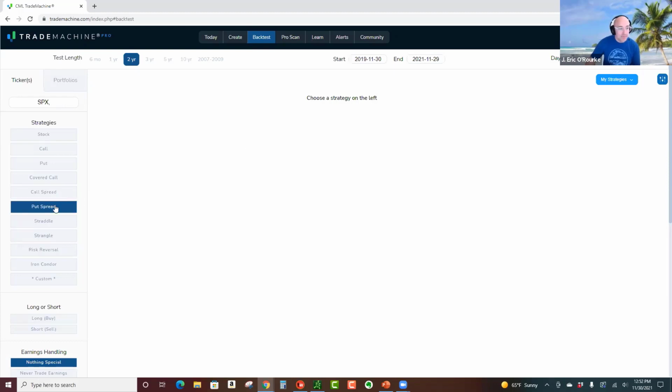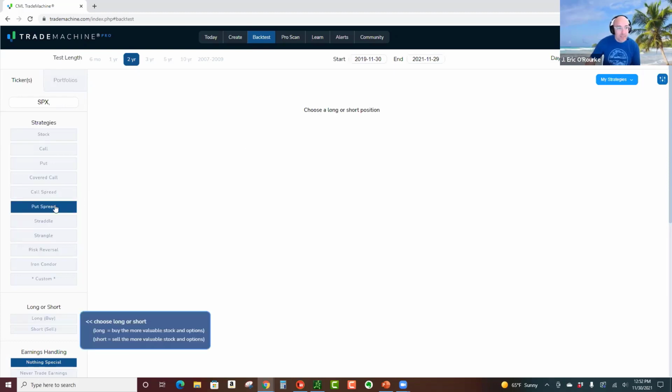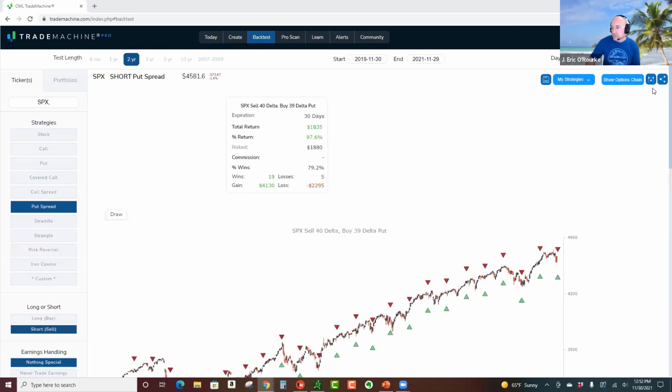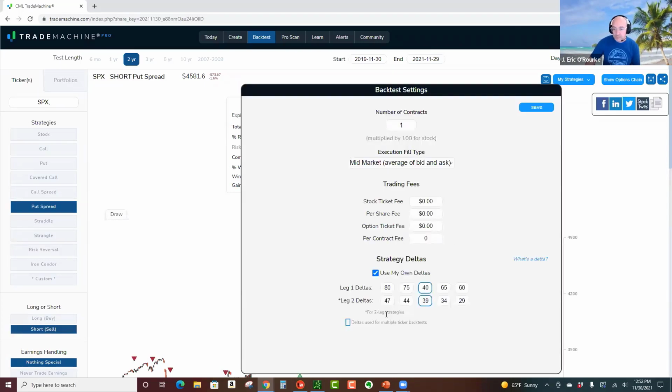And for example, we'll do a short sell a put spread. This is SPX. But let's do, I'm going to set this up.